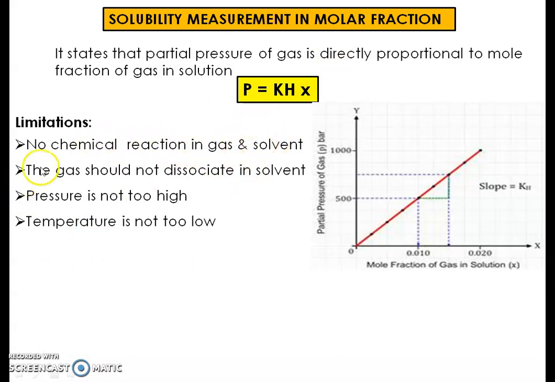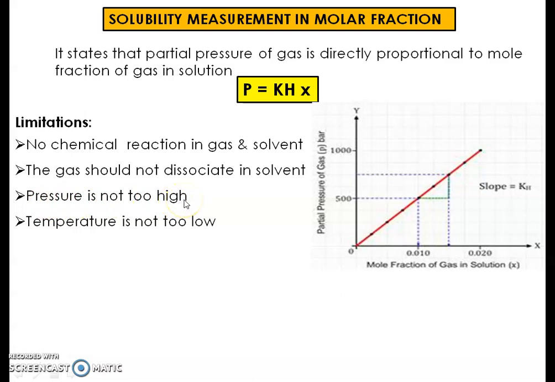What is the second limitation? The second limitation is the gas should not dissociate in the solvent, meaning the gas should not form ions. If the gas forms ions, or it is dissociable, or it forms some species of dissociation, then it will not follow Henry's law. Third is pressure is not too high.